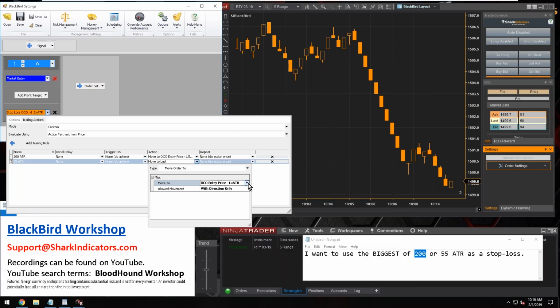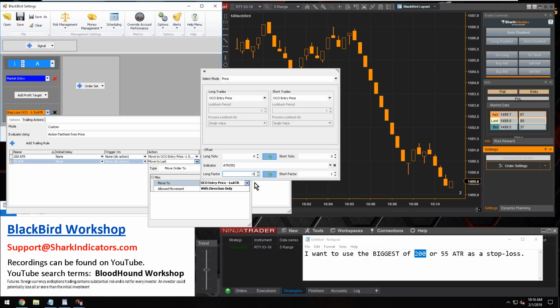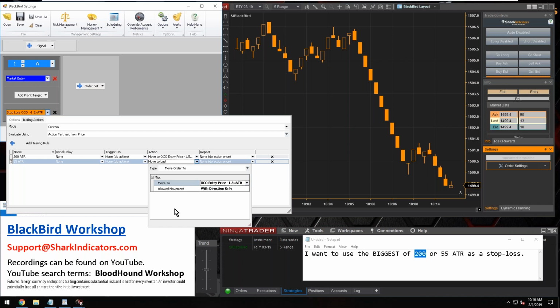Oh, and let's not forget to set the same multiplier. There you go, a 1.5 multiplier. And one other thing here is we need to change the allow movement. So let's see here. I guess we'll just allow movement in both directions.